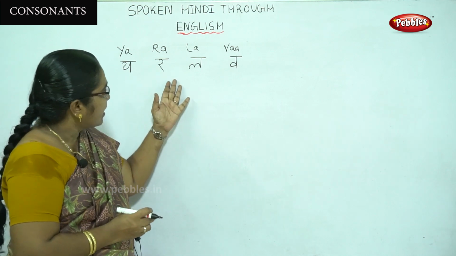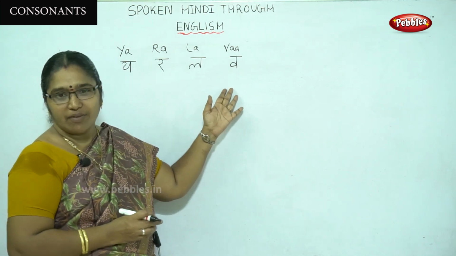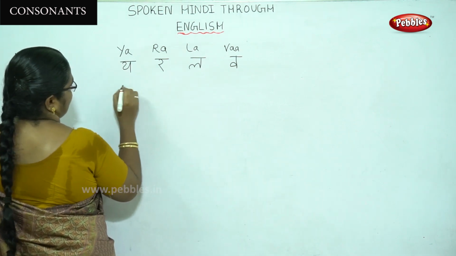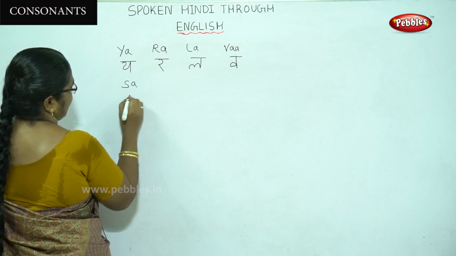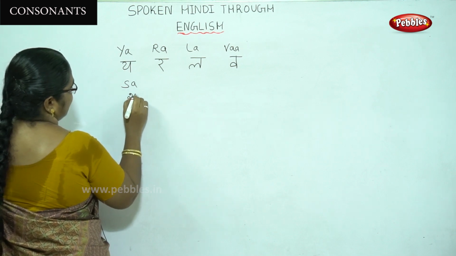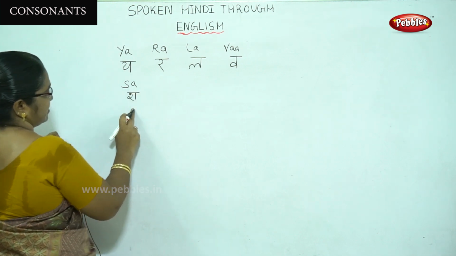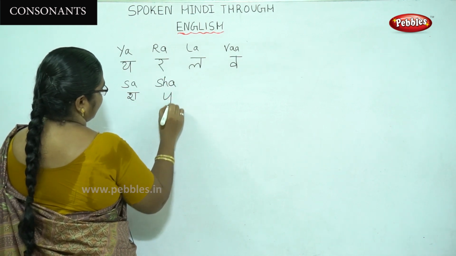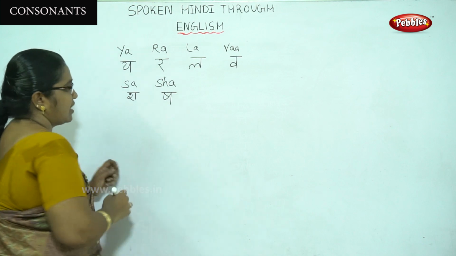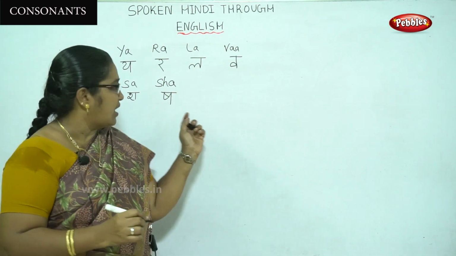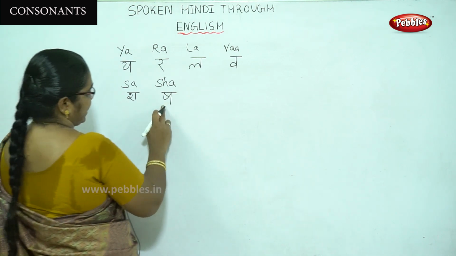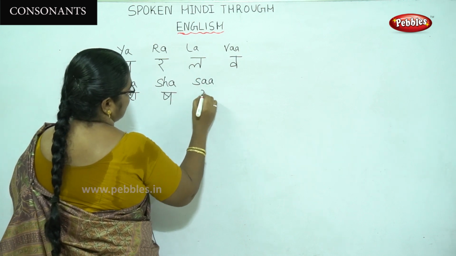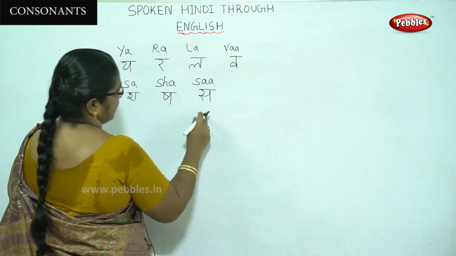Ya, ra, la, va. Okay, the next letters are the sa lines: sha, sa, sha. That is S-H-A. This is sha, as in shadak. This one is sa, as in Saraswati.